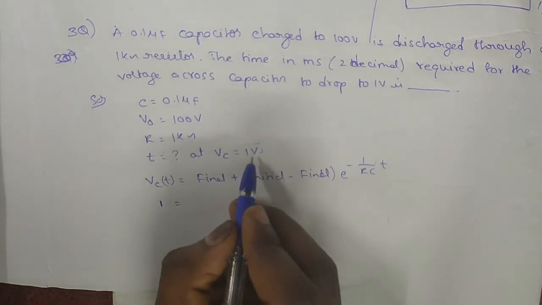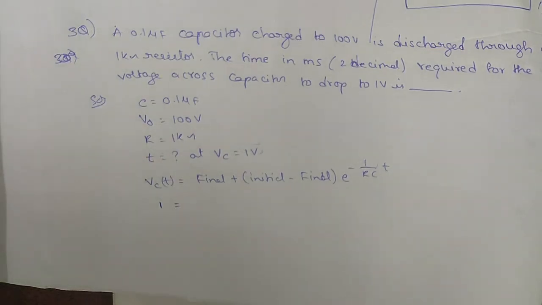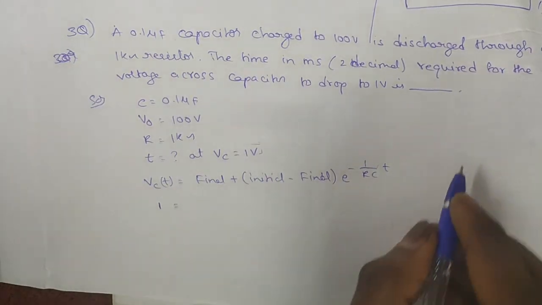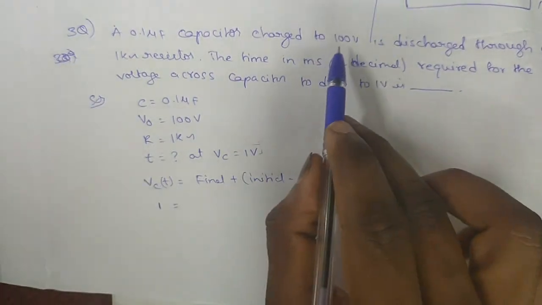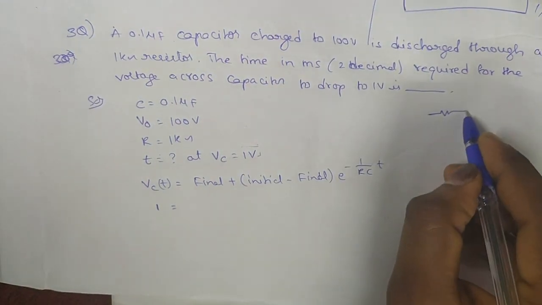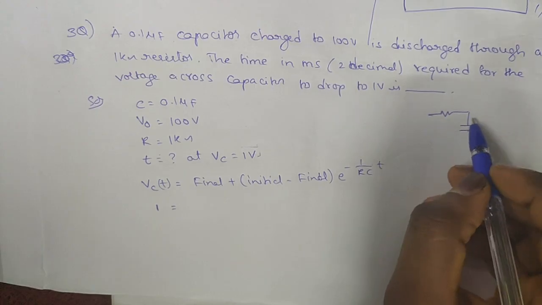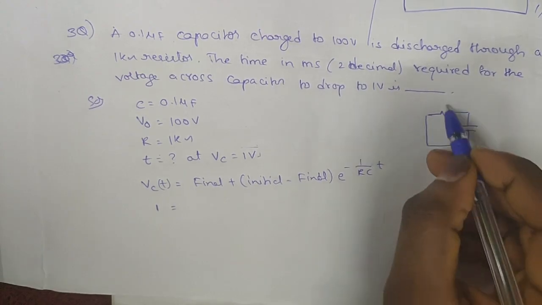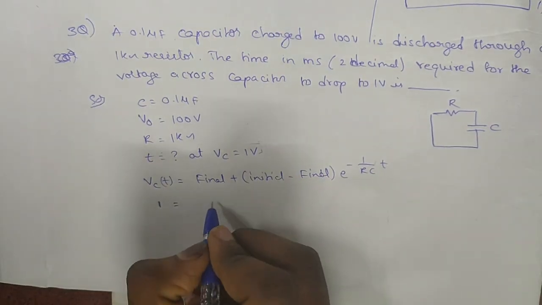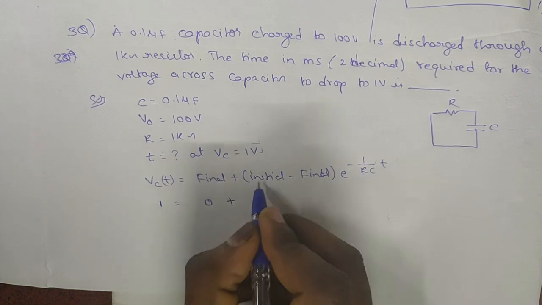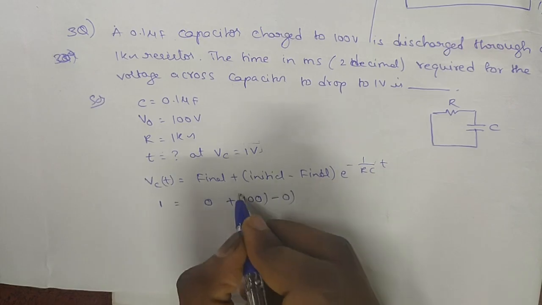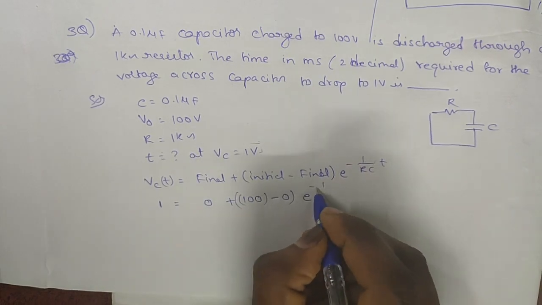As this is a source free circuit, it is already charged and discharging through a capacitor in series with the resistor. The circuit will be like this. So the final value will be 0, the voltage decreasing to 0, plus initially they gave 100 volts minus final value 0, e power minus 1 by RC.